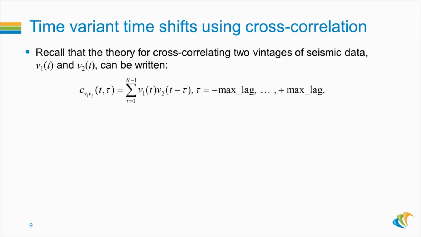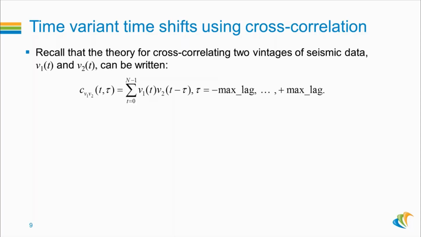Okay, so the basic method we've used since the start of the program is simple cross-correlation. So recall that the theory for cross-correlating two vintages of seismic data, which I'll call V1 of T and V2 of T, can be written like this.